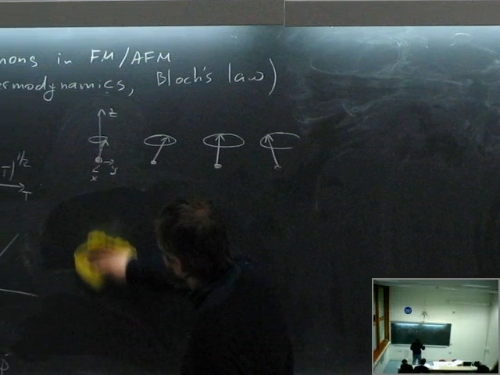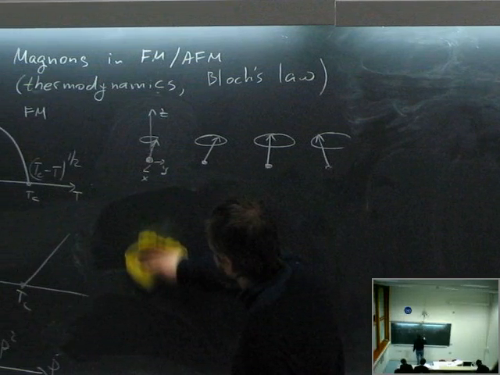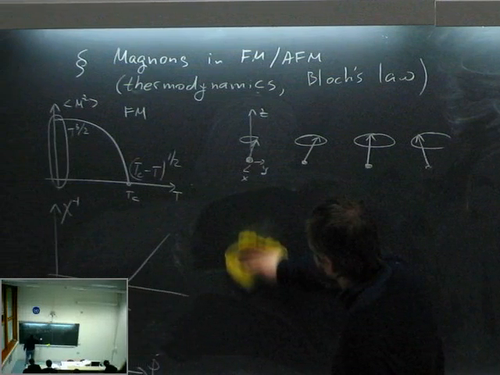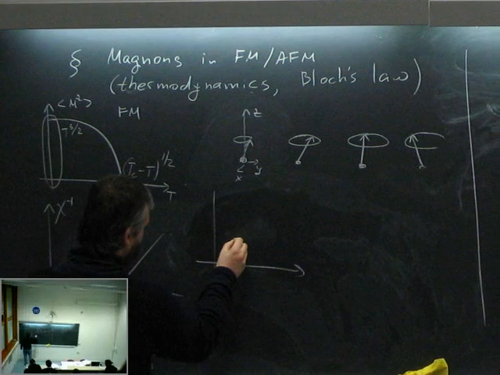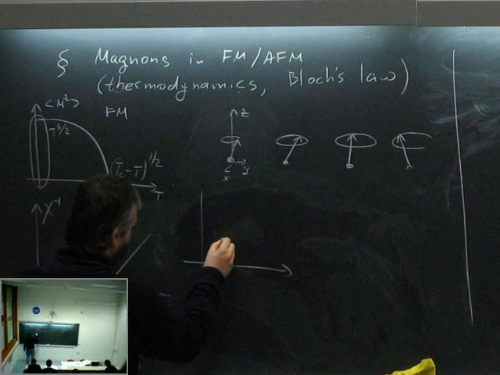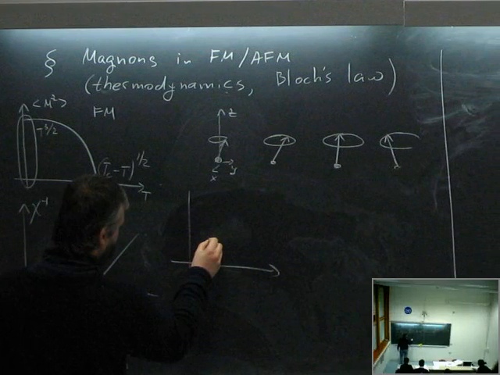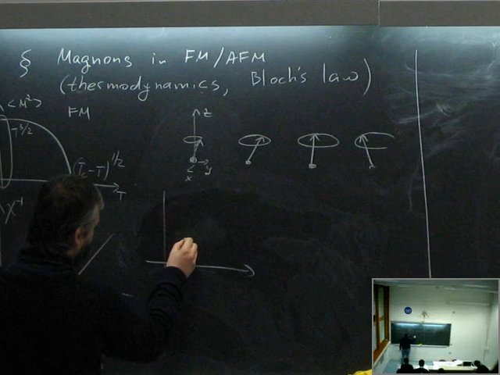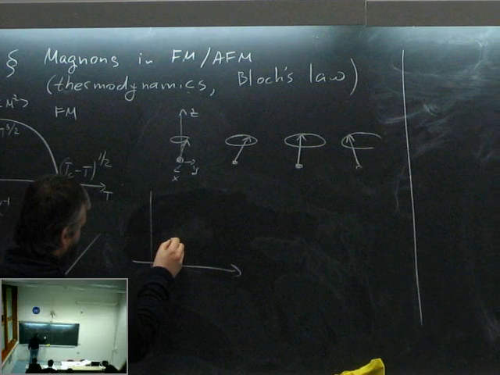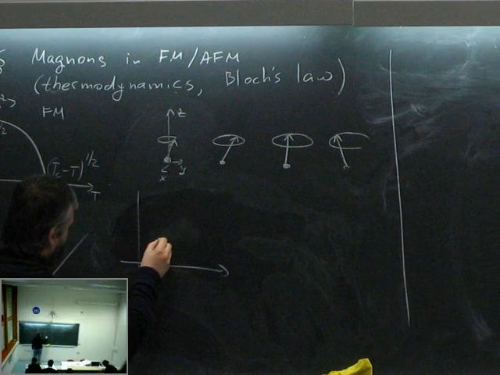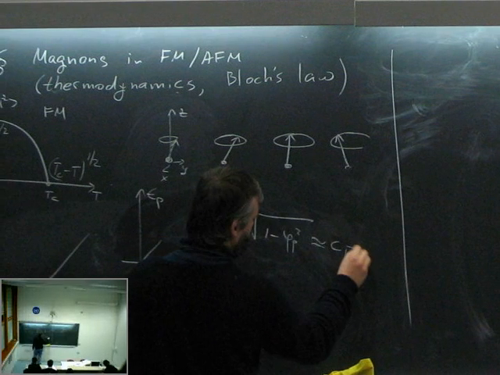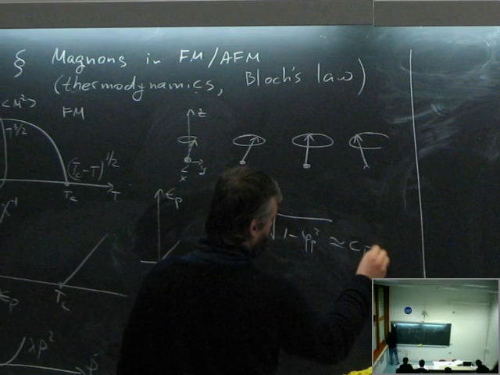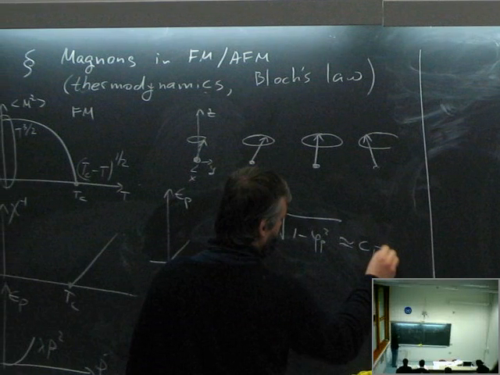Okay, for antiferromagnets, we have linear dispersion. So epsilon p was equal to the square root of 1 minus phi p squared, which resulted in a sound-like dispersion law. Everywhere I will take h bar equal to 1.